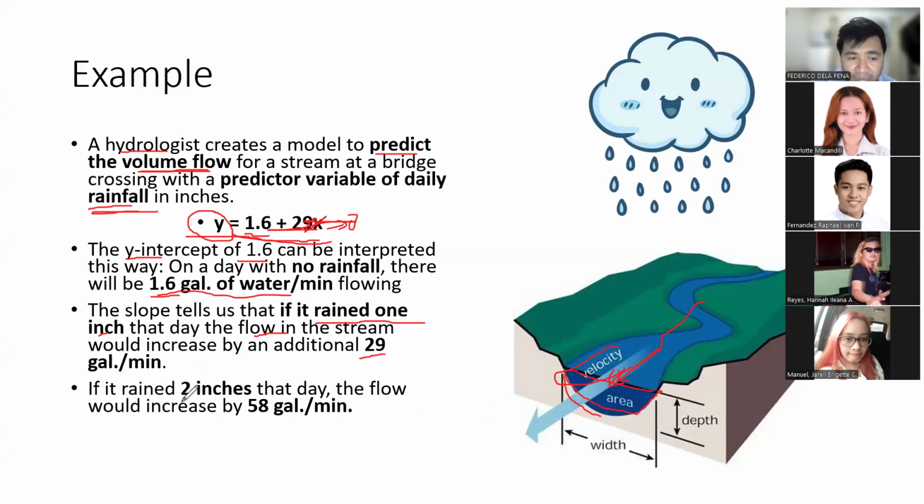And then if it rained 2 inches on that day, like if you plug in the value of 2 in your X, you will get something like 58 gallons plus 1.6. So that would be 59.6 gallons per minute of our river flow rate.